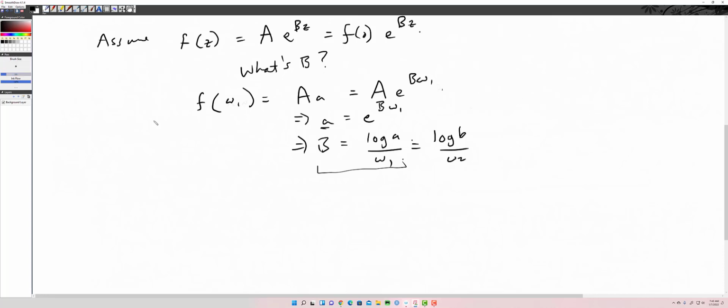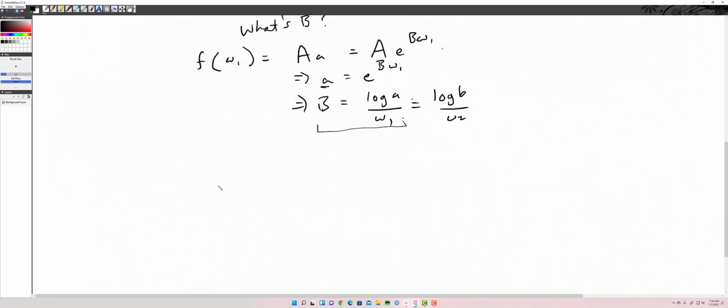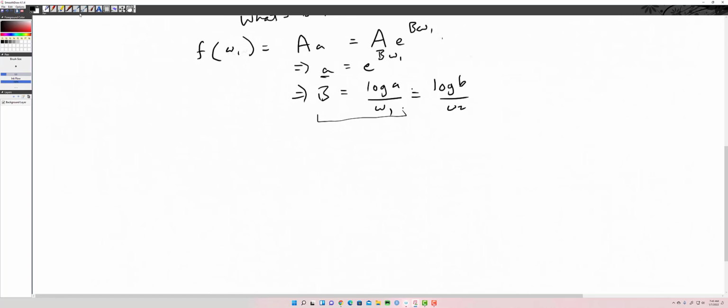Now, we're going to use this sort of interesting trick from complex analysis. When you're dealing with entire functions, this is a good tool to have in your belt.